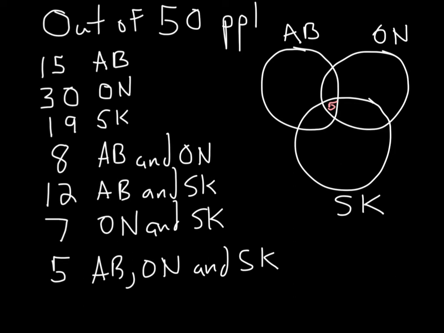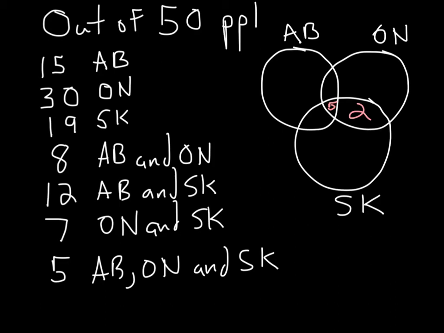So they've already been counted. So I need the rest of the people. So if 5 have been to Alberta, Ontario, and Saskatchewan, and 7 have been to Ontario and Saskatchewan, there must be only 2 left over that have been to Saskatchewan and Ontario, but not Alberta.